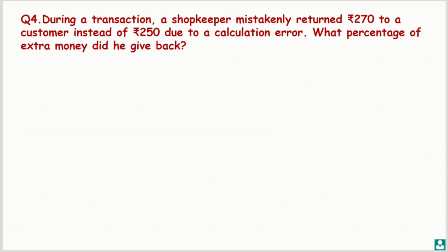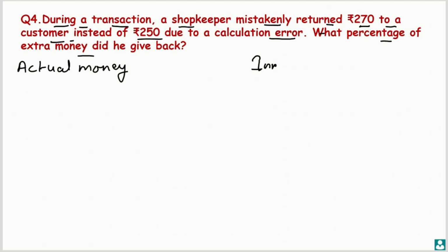So here I have taken the next problem. During a transaction, a shopkeeper mistakenly returned 270 rupees to a customer instead of 250 rupees due to some calculation error. What percent of extra money did he give back? First we will see what our actual money is, and we will see the incorrect money.